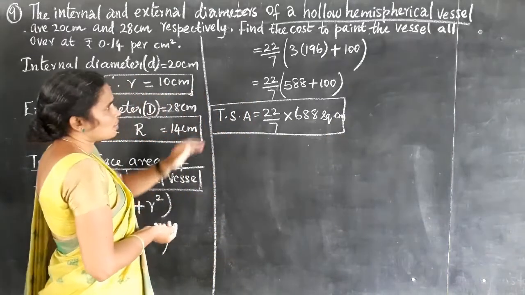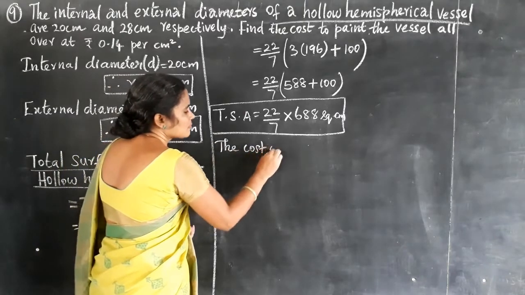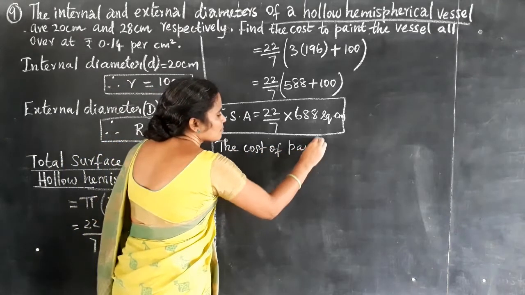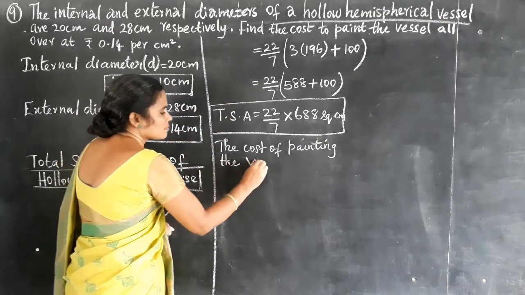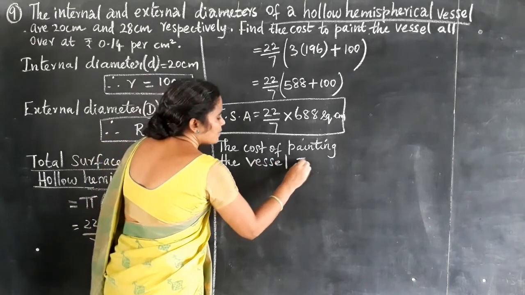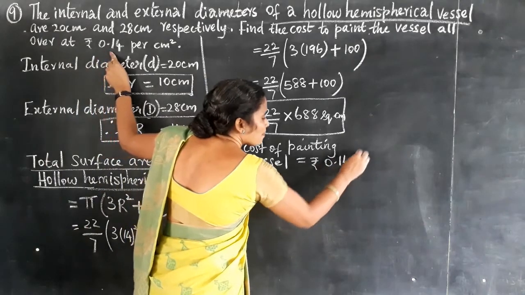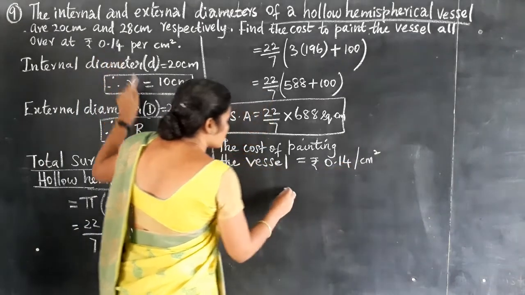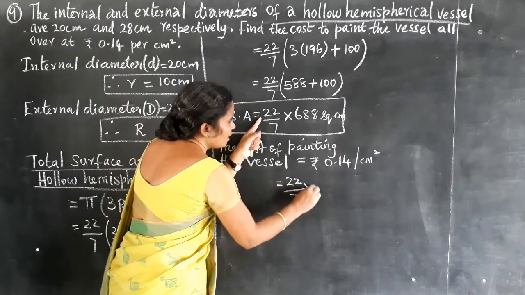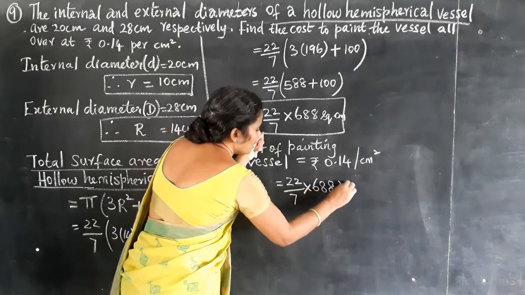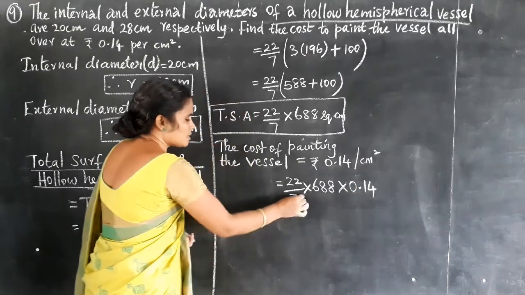And here it is given the cost of painting the vessel is rupees 0.14 per centimeter square. So the cost is total surface area, 22 by 7 into 688, into 0.14.